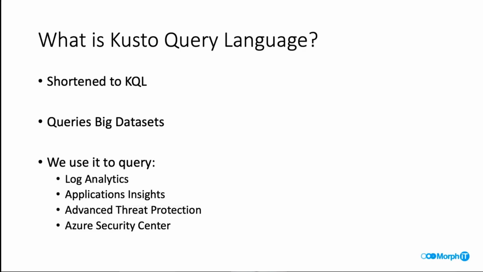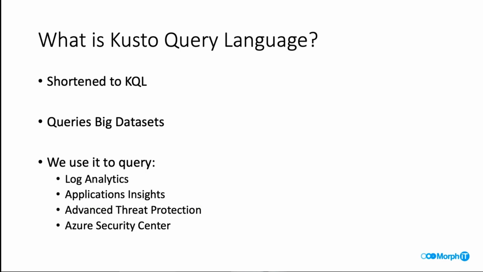But it's right across a whole range of other services within Azure, specifically advanced threat protection and the Azure Security Center, which means we can look for, and more importantly alert on, things happening in our platform. So for me, it's a collaboration of application developers and data engineers.